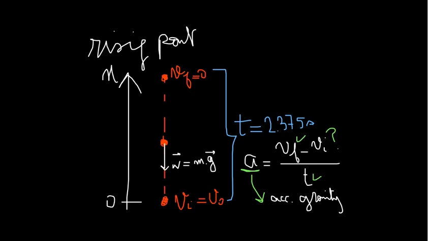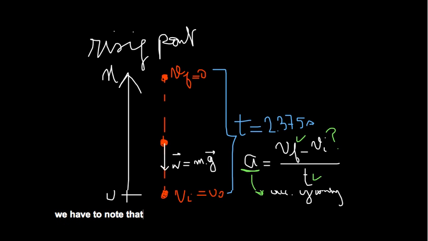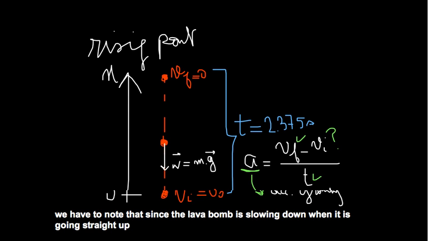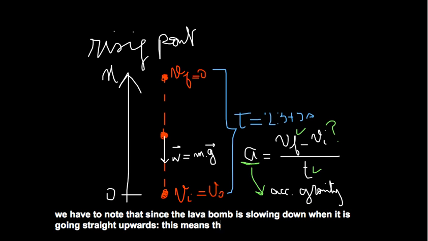We have to note that since the lava bomb is slowing down when it is going straight upwards, this means that the acceleration is definitely negative.